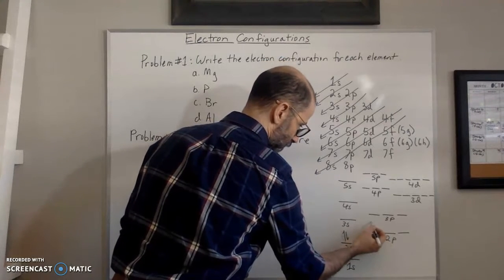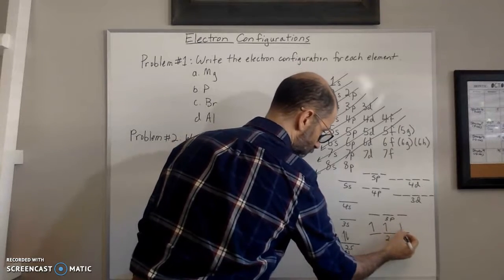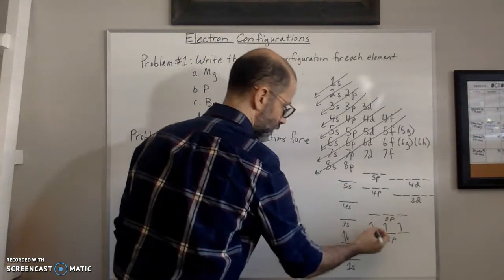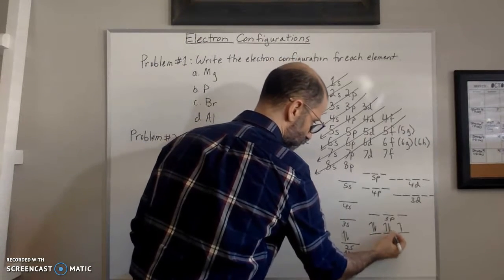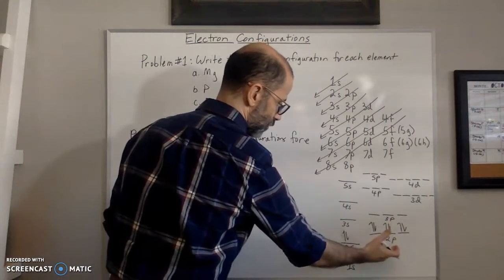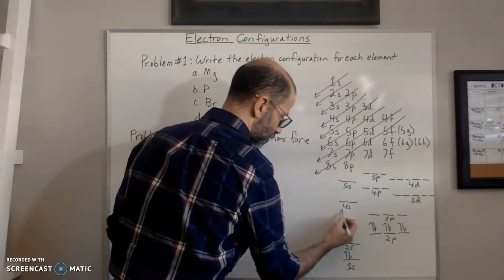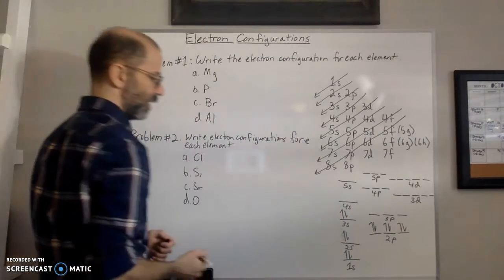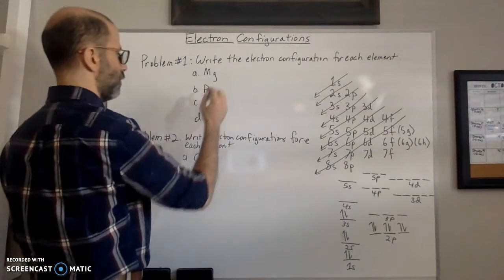So I have spin up, I'm following Hund's rule, spin up. 1 is being added to each orbital first, all the same spin, and now I'm going to pair them up, spin down, spin down, spin down. So now I have 10 electrons, I have 2 more, so I'm going to put spin up and spin down in the next lowest energy level, which is 3s. And then I just write in order of energy.